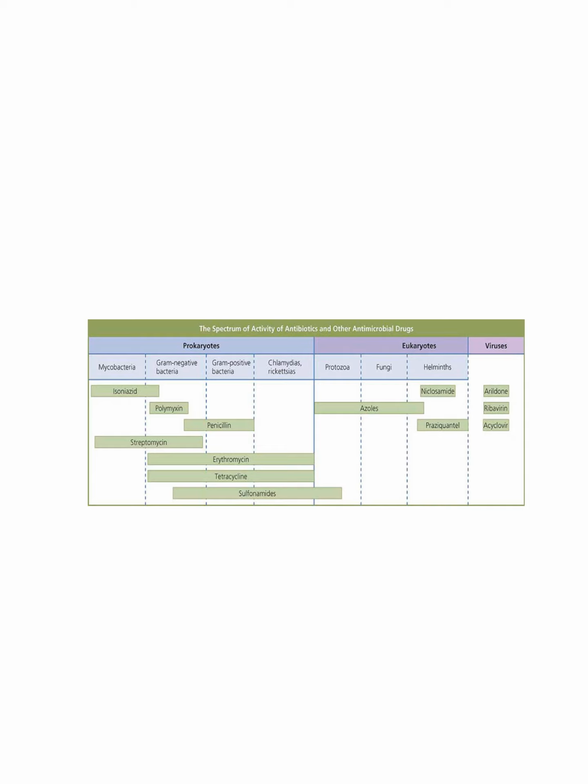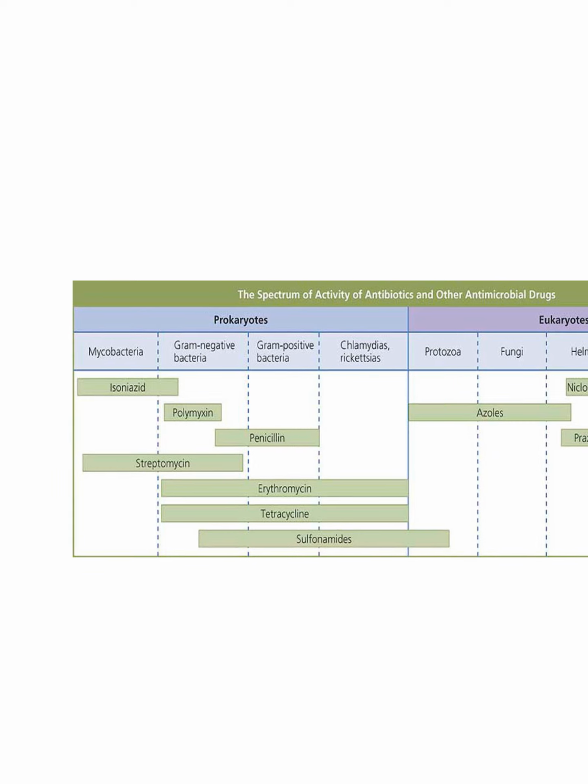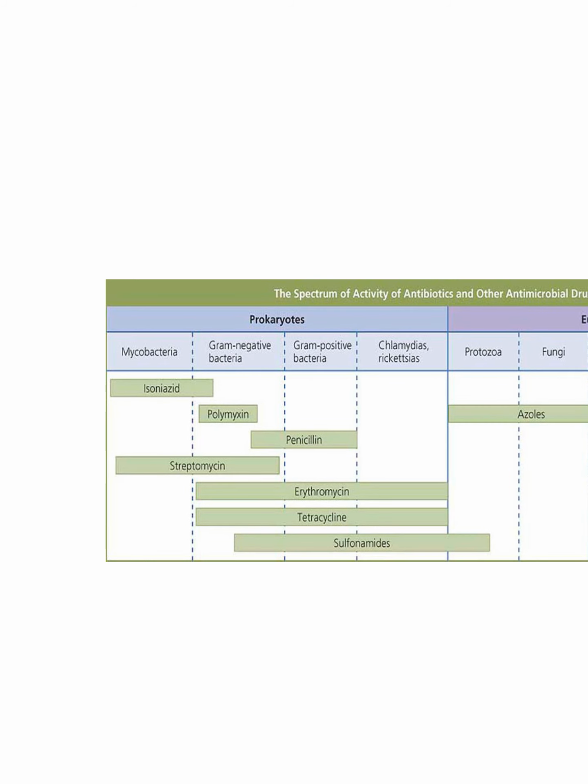And if we're thinking about the types of spectrum activity these drug classes generally have, again, they can either be broad or narrow spectrum. The first one we talked about were the penicillin type drugs, and penicillins are really great at targeting gram positive bacteria. There are some gram negative bacteria that they are effective against, but they're relatively narrow in their spectrum because they are really good at, again, gram positive targeting, but not necessarily all gram negative bacteria.